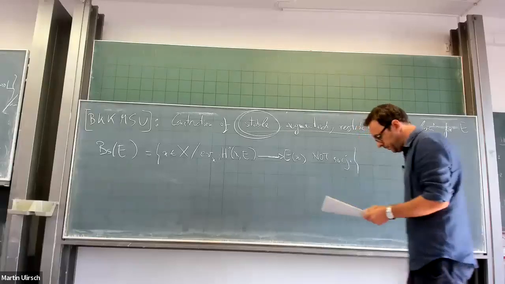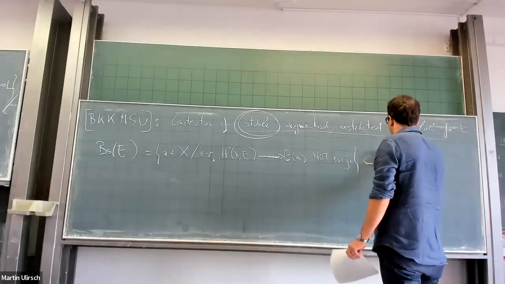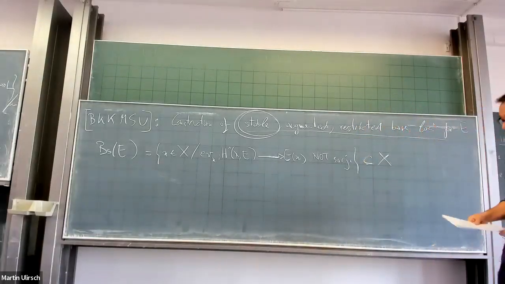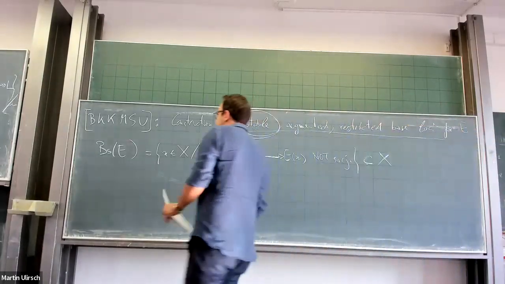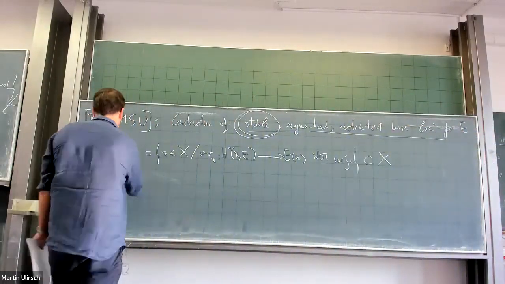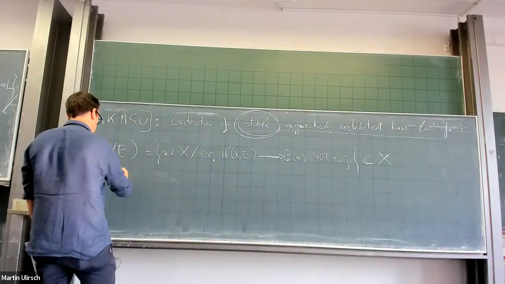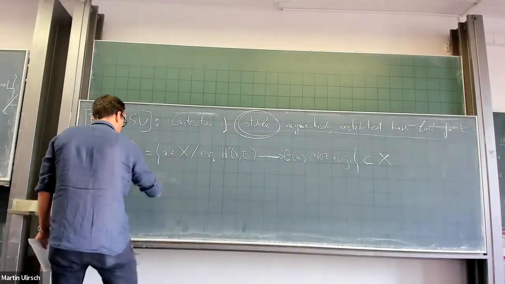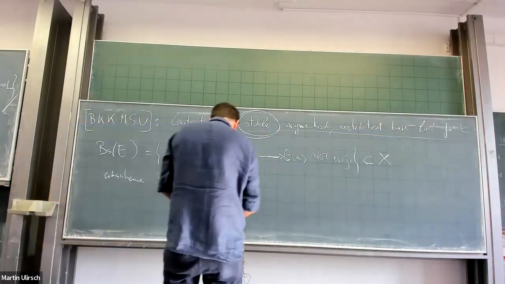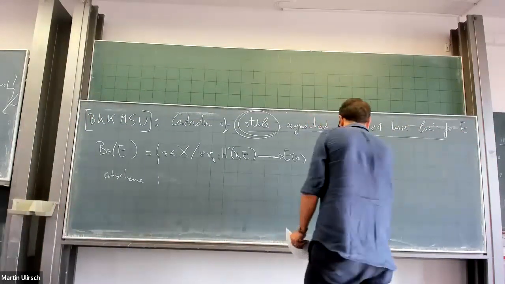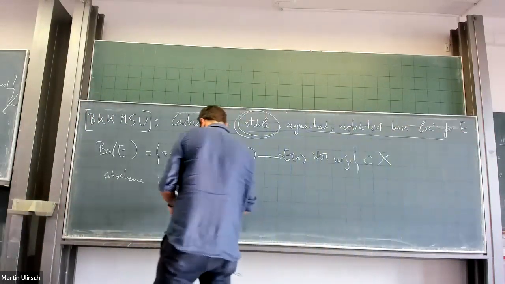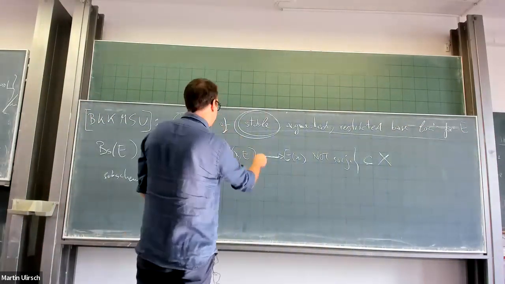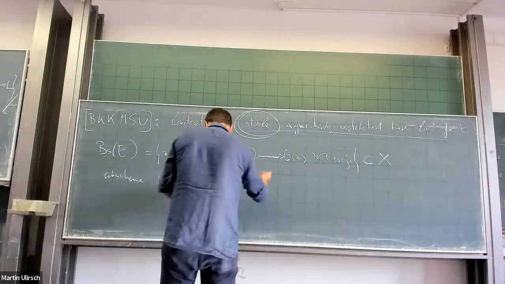Not a surjection. So this is a subset in X, and this has a natural subscheme structure, which is given by the fact that it does correspond to a linear series inside the line bundle.